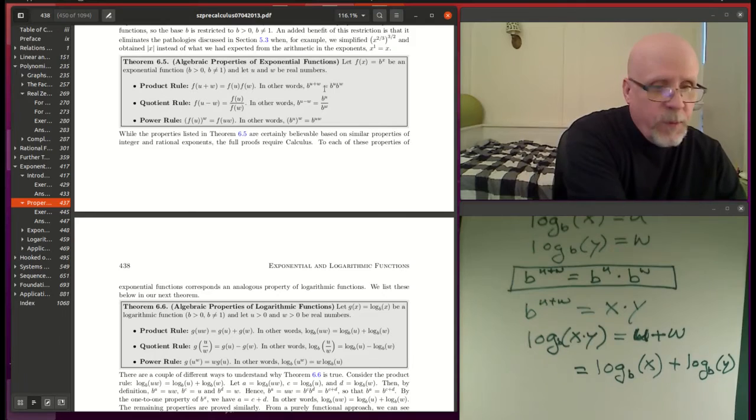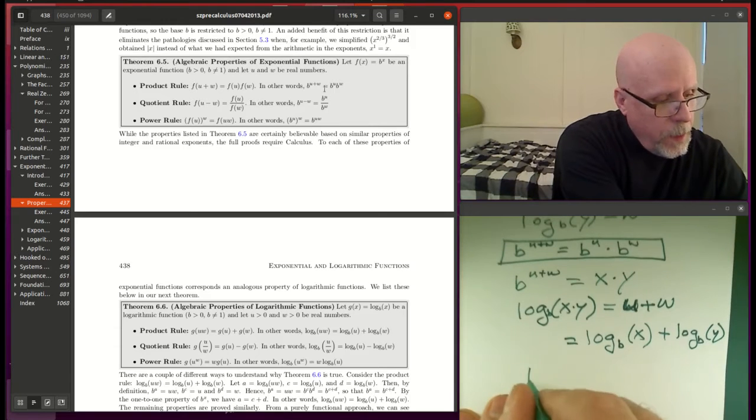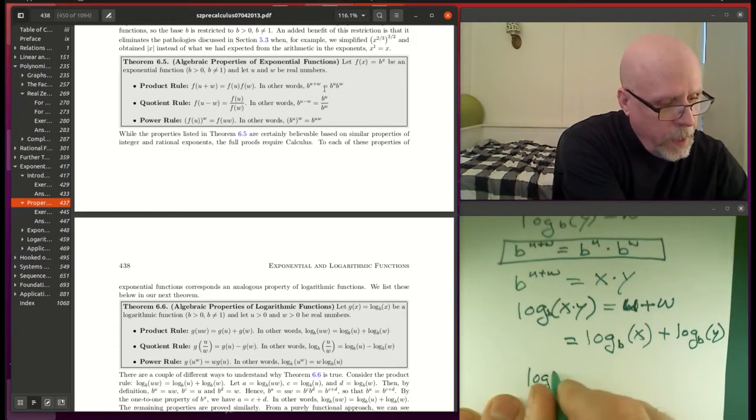Let me just give you a trivial example of this. If we're in base 10, b is 10. That would be something like log base 10 of, say, 100 times 1,000.